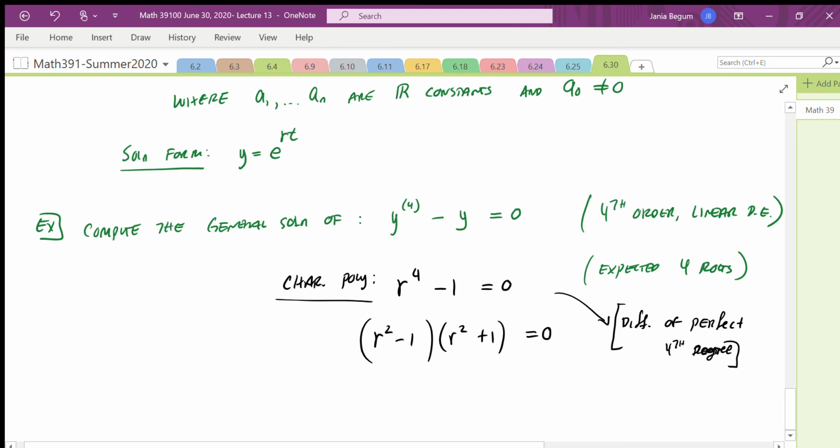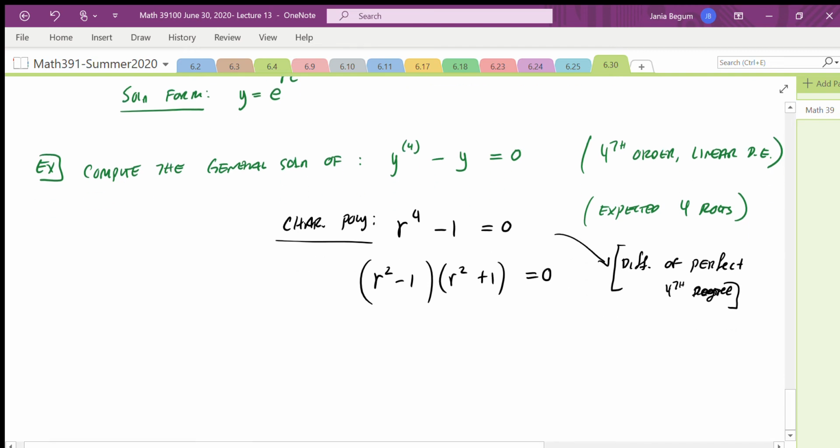Now, can I find the r values from this factored form? r squared minus 1, I can factor one more time, into r plus 1 and r minus 1. How about r squared plus 1? Can you factor that further?